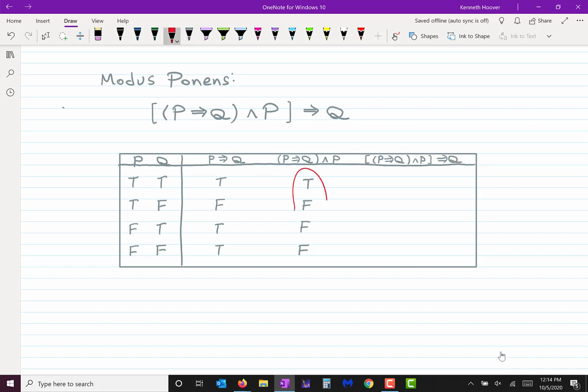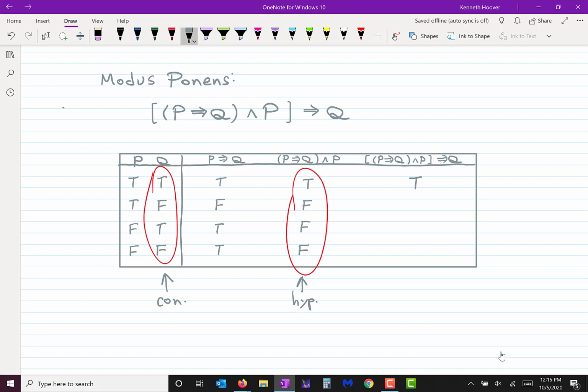So I just need to look here and here. Okay, this is the hypothesis. This is the conclusion. So in the first row, the hypothesis and conclusion are both true. So the implication is true.